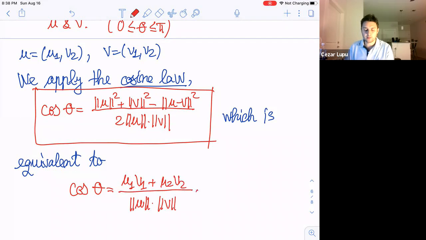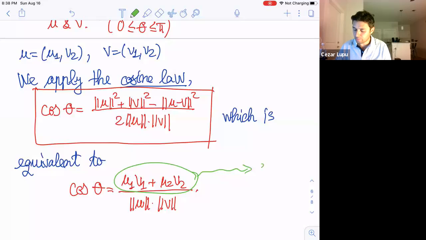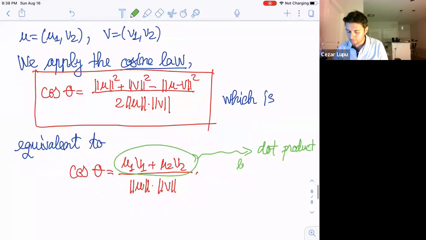So we can express it in this way. And there is something about this numerator. This is what we will call the dot product between u and v.